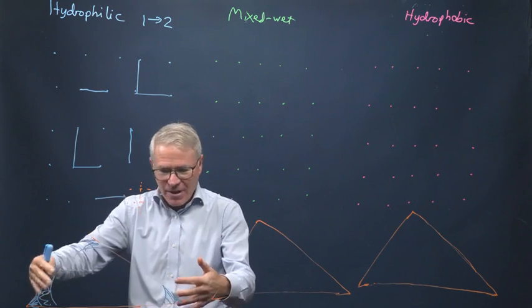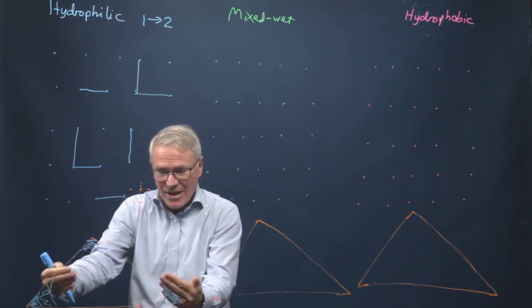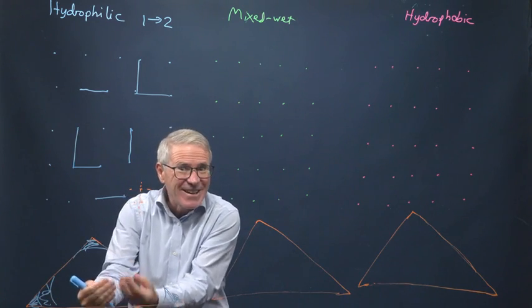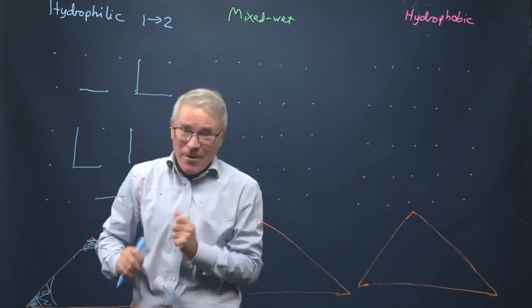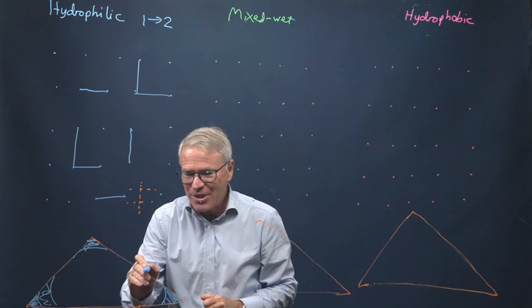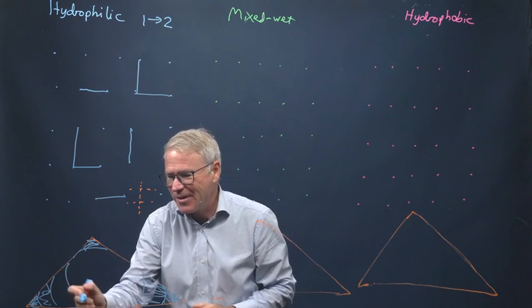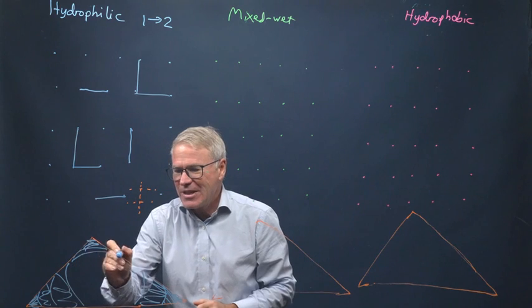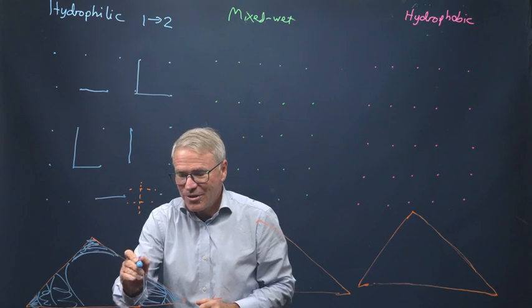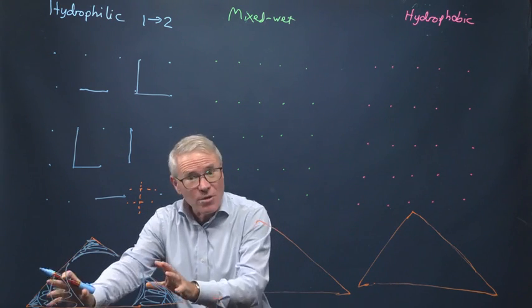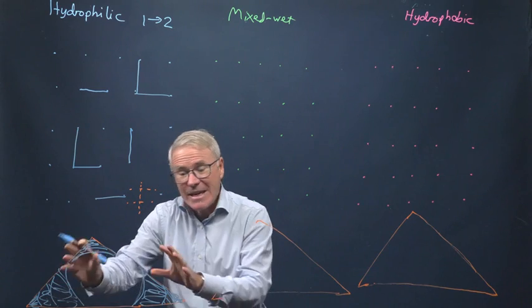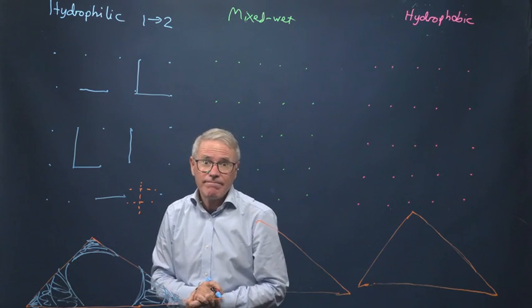How does snap-off occur? It's because these layers get so thick that the two menisci meet and it's no longer stable. So obviously the layers get thick. And of course, in a throat that is just about to have snap-off, these layers are really quite thick indeed. They're occupying a significant fraction of the area.